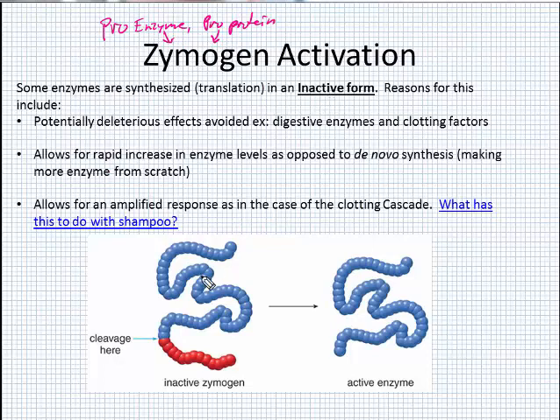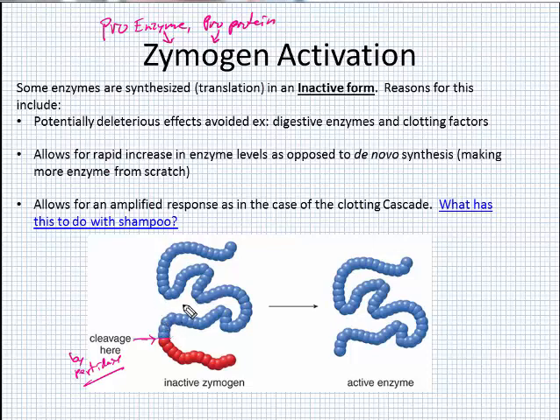And then once it's cleaved here, there's an enzyme, a certain peptidase, that breaks the peptide bond. So cleavage here by a peptidase cleaves off this, and now the enzyme is active. And I wish they would have done this in a different way.